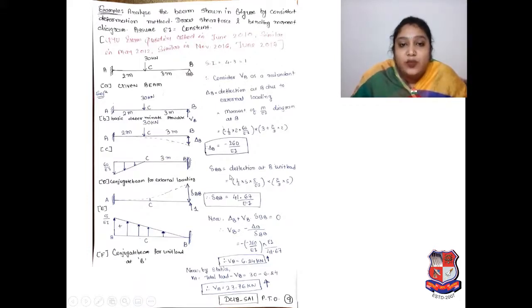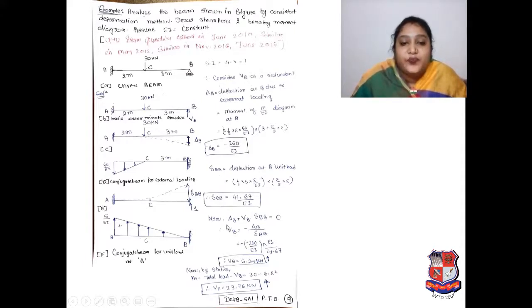Now, del BB. Del BB is equal to deflection at B due to unit load. Okay. So, here again we have to consider that M upon EI diagram and CG distance. So, your 1/2 into 5 by EI into 2/3 of 5. Therefore, by simplifying that, del BB is equal to 41.67 upon EI.